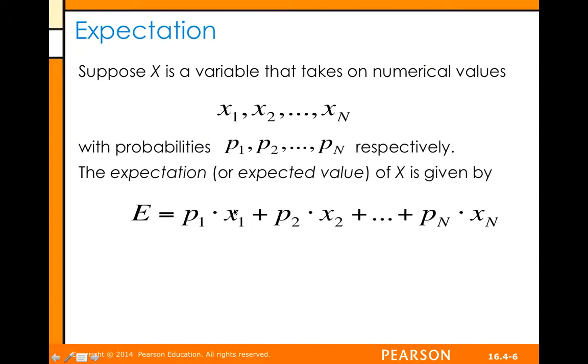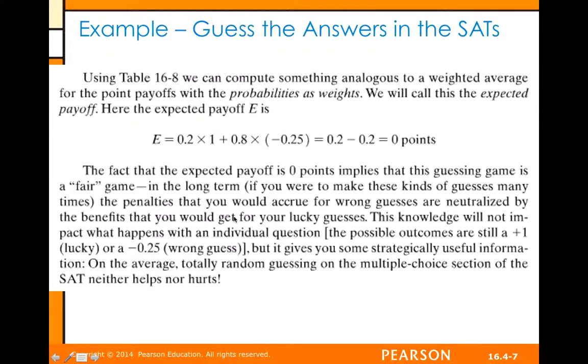Okay, so in this case, one of the payoffs was 1 point. That's if you get the question correct, and that has a probability assigned to it of 0.2 or 1/5. The only other option for us was negative 0.25, negative a quarter of a point. That had a probability of 80%.